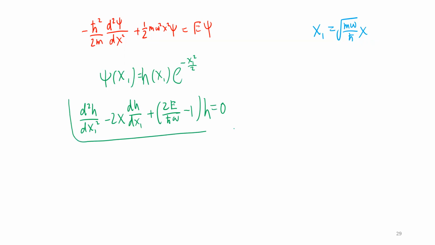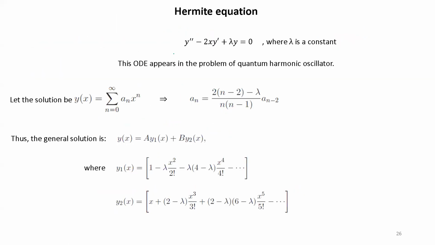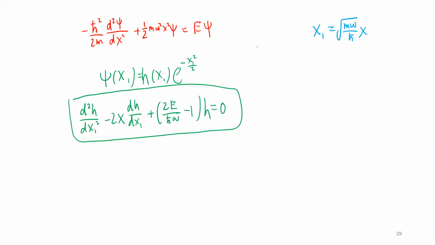If you compare this form to what we just had here, you see that this is a Hermite equation, and this is what I call lambda.